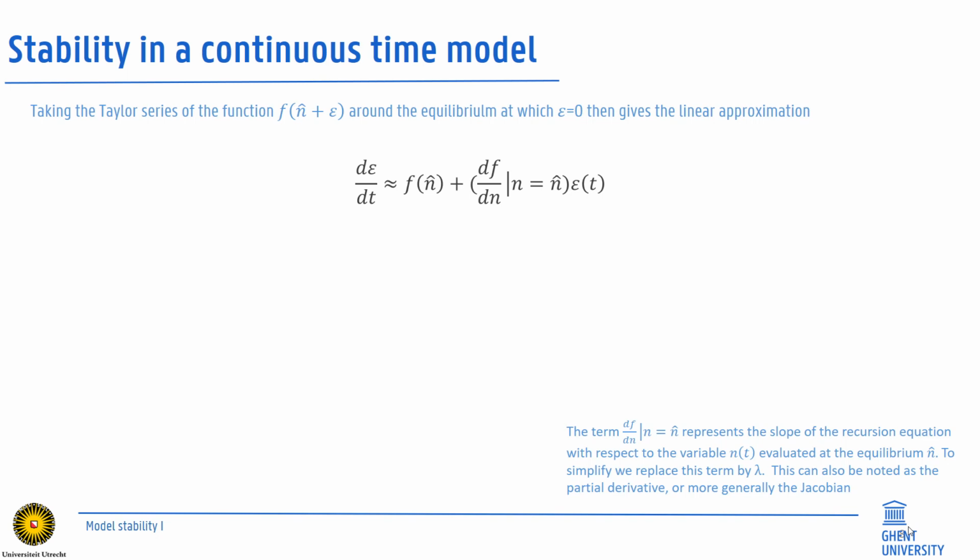The derivative represents the slope of the recursion equation with respect to the variable n evaluated at its equilibrium. This partial derivative is called the Jacobian. To simplify, we replace this term by lambda. Since the function value at equilibrium is 0, we get dε/dt equaling lambda times ε_t, and this can be solved analytically as seen here.